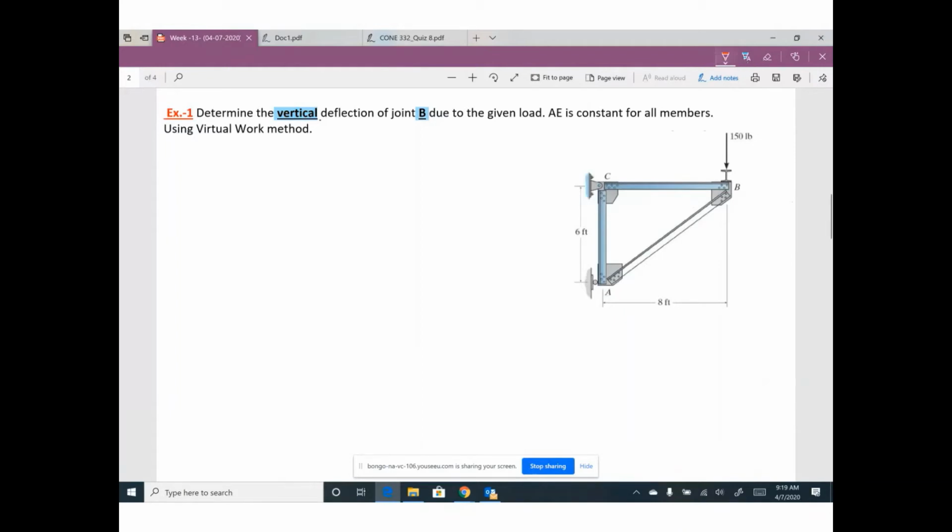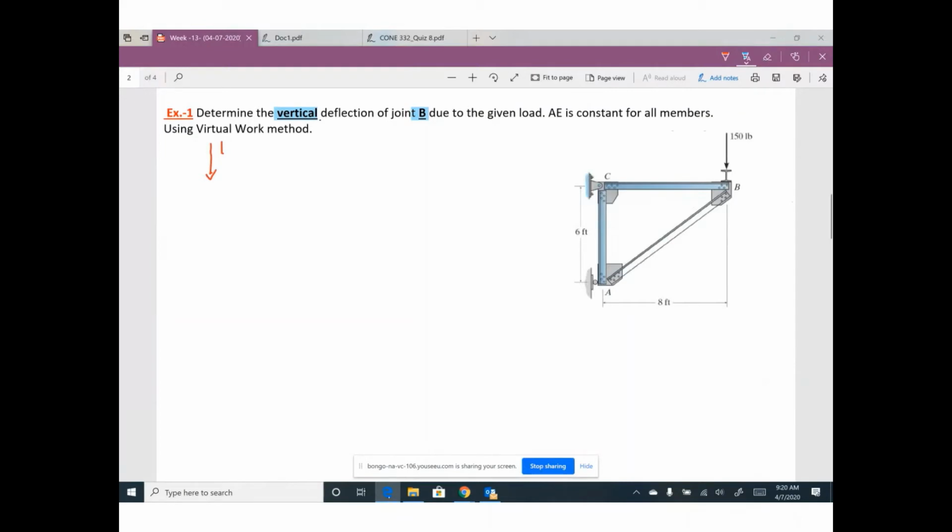That means your unit load must be vertical, 1 kip or 1 pound based on the unit. It's 1, vertical, because I'm looking for vertical deflection. Your question is where: at point B. So the problem will require something, and this deflection will guide you.